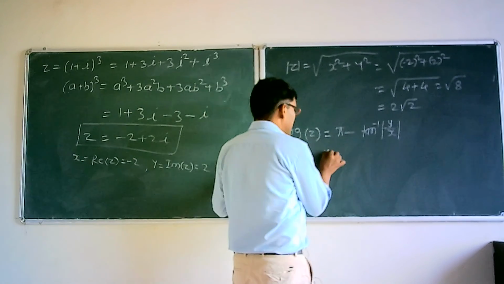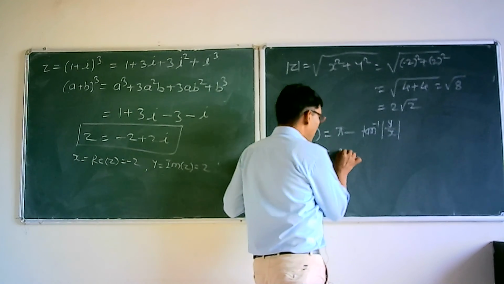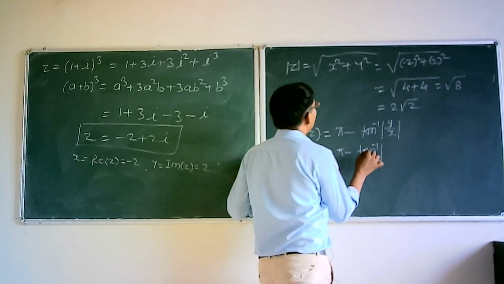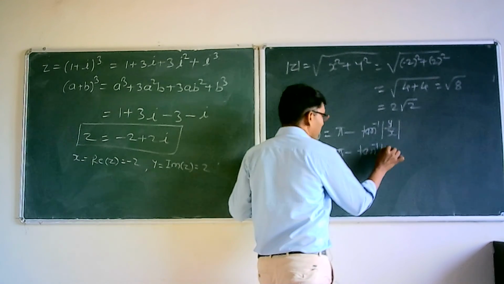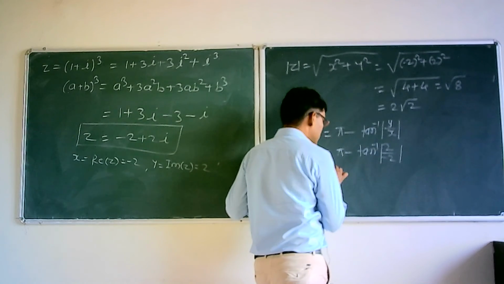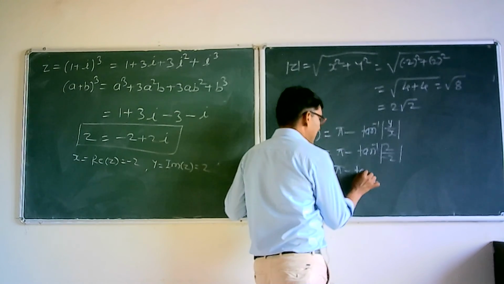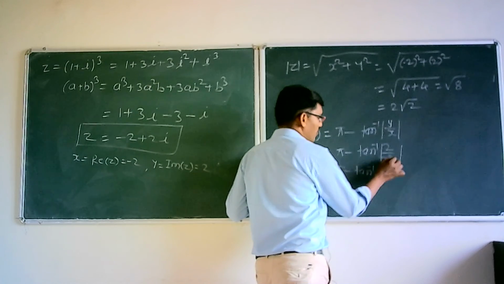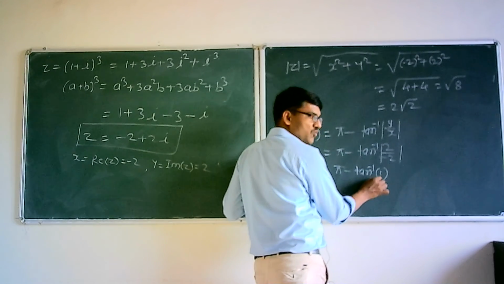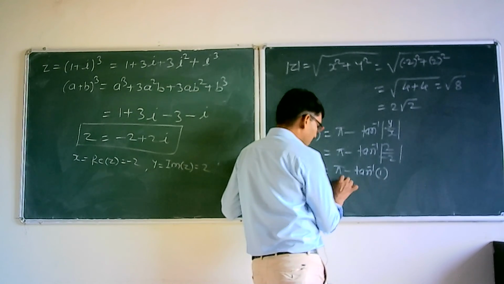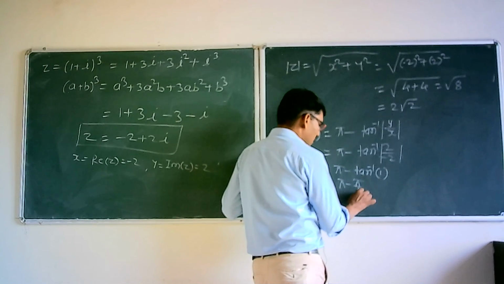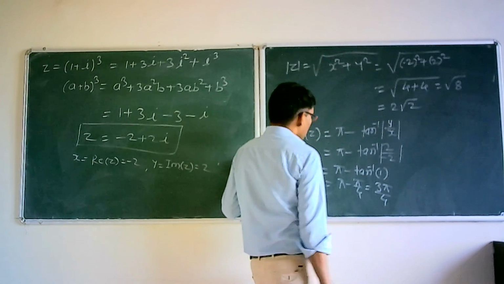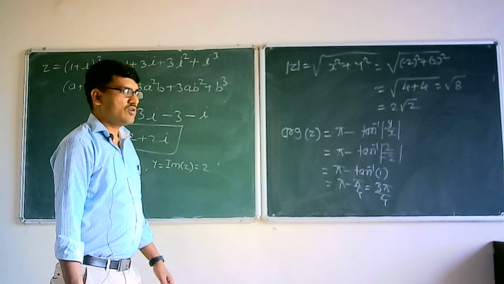So if you simplify this, it is equal to pi minus tan inverse of y, which is 2, divided by minus 2. So it is equal to pi minus tan inverse of 1, because of this absolute mod symbol it is equal to 1. So what is tan inverse of 1? It is pi by 4. So pi minus pi by 4 is 3 pi by 4. So what is the argument of z? It is equal to 3 pi by 4.